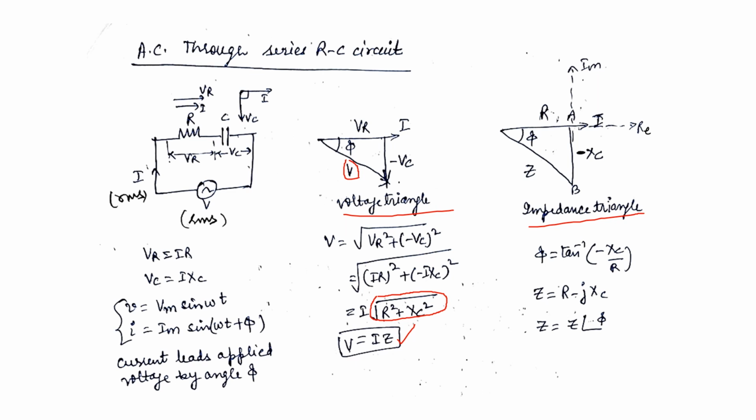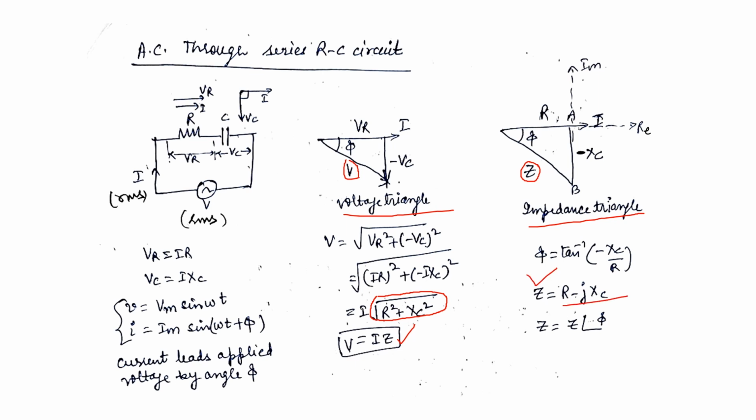The reactance XC is drawn in the negative direction, so it is minus XC, which we can write as minus jXC also. And the resultant of these two impedances, R and XC, will give us the total impedance of this network Z. So Z is equal to R minus jXC.